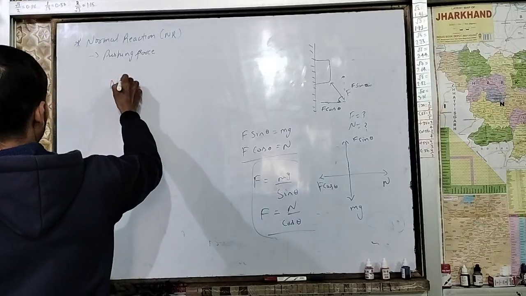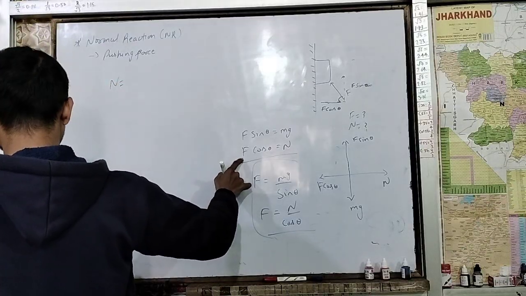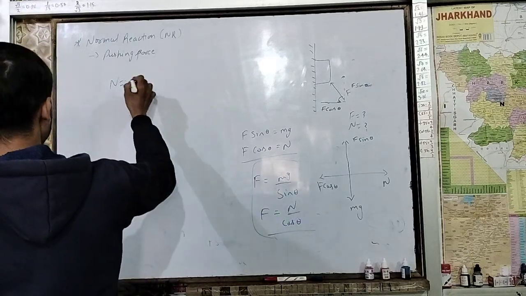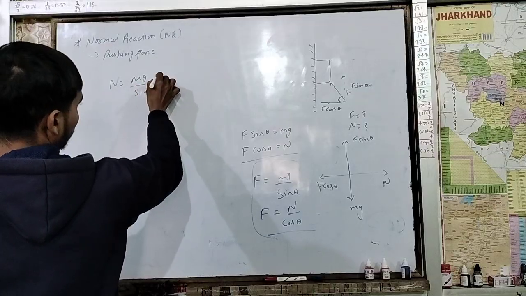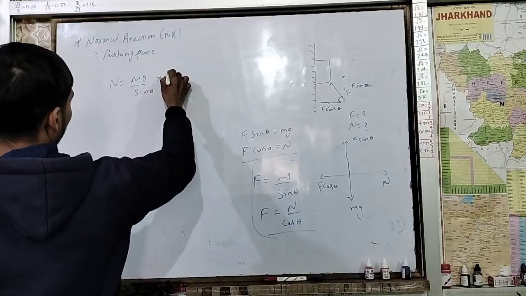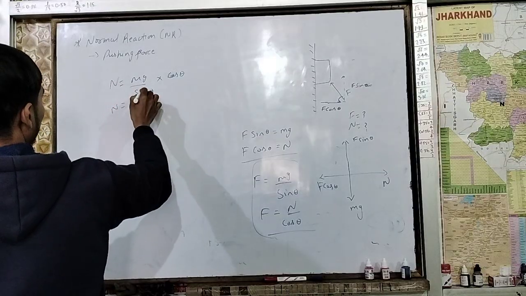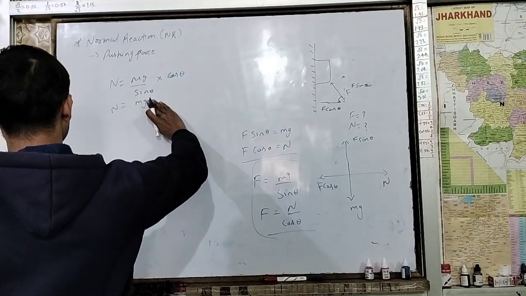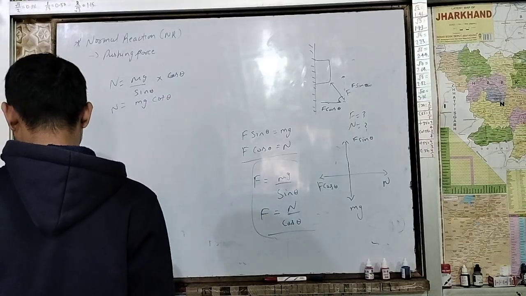Try to understand. We have the value of F, just put it in. So N can be written as mg upon sin theta multiplied by cos theta. The other value of N will be mg cot theta.